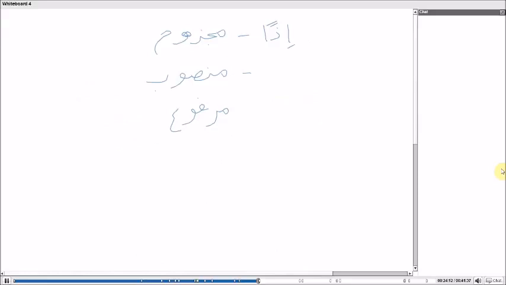So for instance, as an example, we say, I'm sorry here, give me one second. Anta mu'min tattaqi Allah idhin taqulu al-haq. Anta mu'min idhin taqulu al-haq.